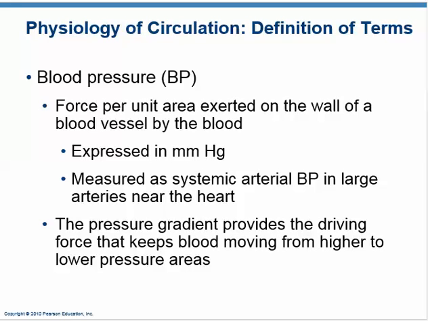It goes back to the old way of doing it, and you probably have seen wall-mounted sphygmomanometers that actually have a column of mercury, and the pressure pushes the mercury up. It's basically a pressure versus gravity thing.